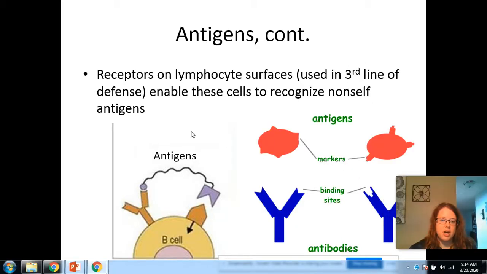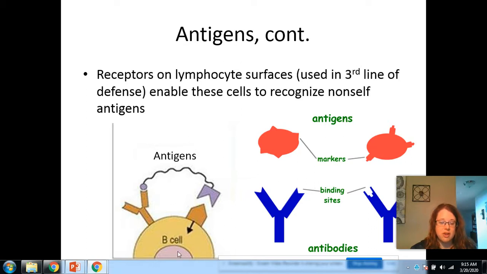Okay, so how those white blood cells sense those antigens is through markers and antibodies. Let me say this again. You have markers on cells, and markers on cells can sense these antigens.